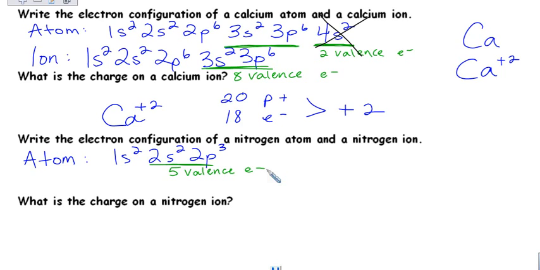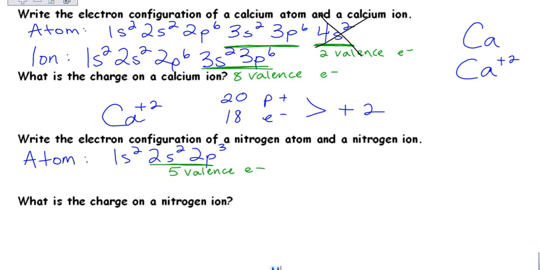Okay, so we want 8. So we ask ourselves, lose 5 or just gain 3? What's easier? Whatever involves less electrons. The less shuffling of electrons, the more likely it is to occur. So let's gain 3.